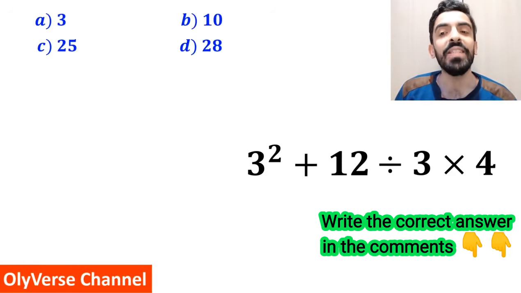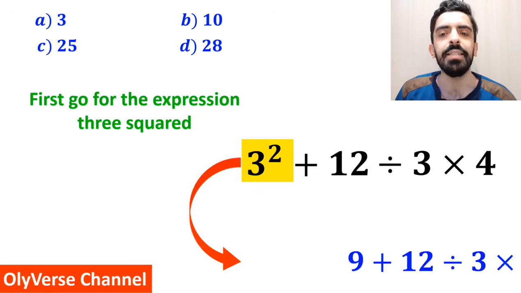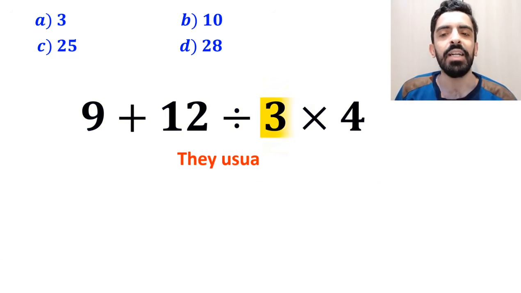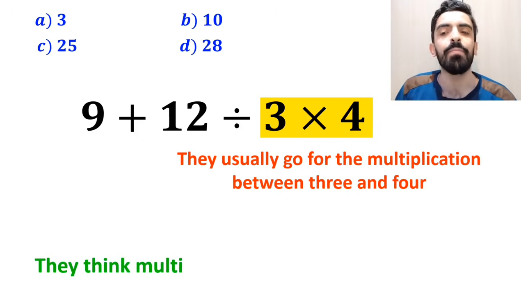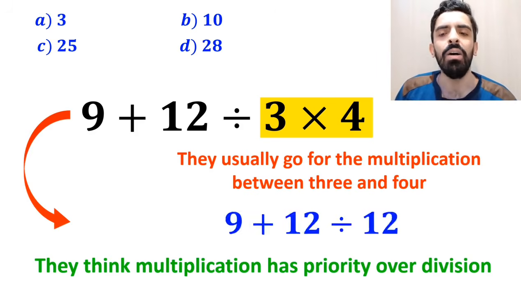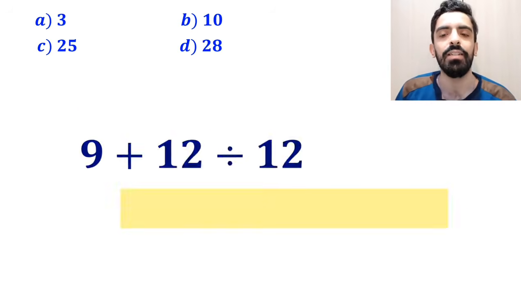Also, some other people, when solving this question, first go for the expression 3 squared and simplify it to 9 plus 12 divided by 3 multiplied by 4. In the next step, they usually go for the multiplication between 3 and 4 because they think multiplication has priority over division. So, they rewrite this expression as 9 plus 12 divided by 12.